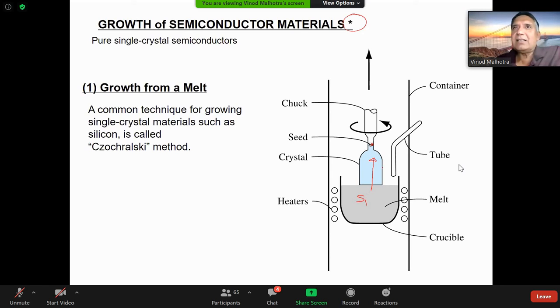And you grow this crystal. The material being formed, as you slowly pull it, becomes a boule. And I showed you pictures of that boule. This method is called the Czochralski method. That's just the name. So as you read through, you'll see how crystals are made.